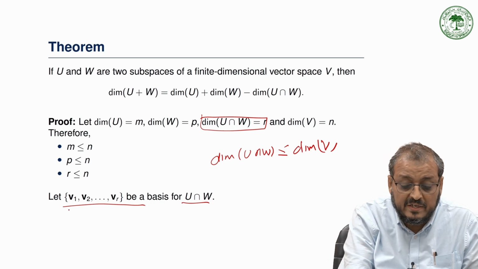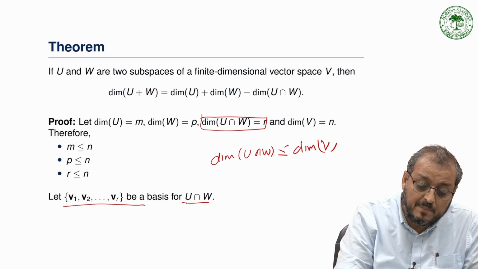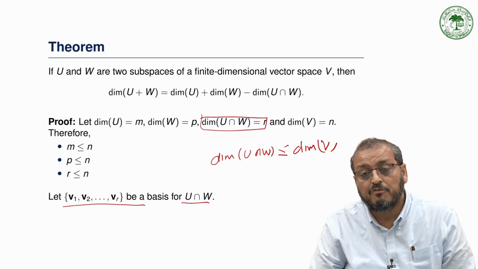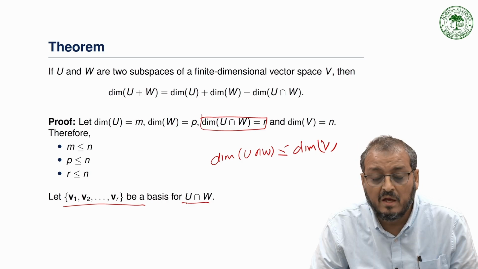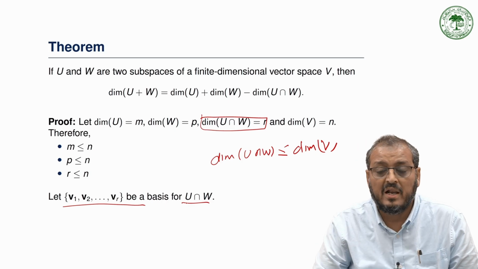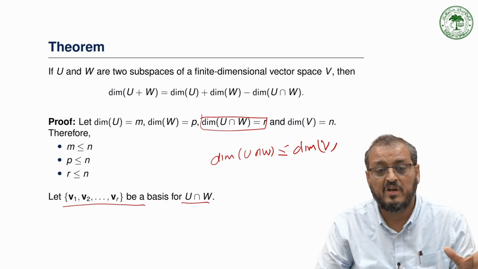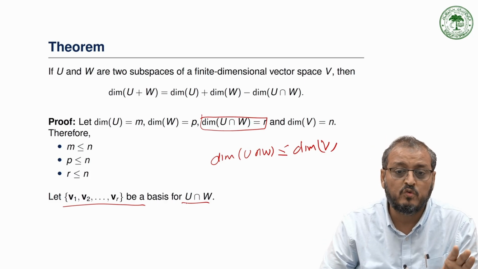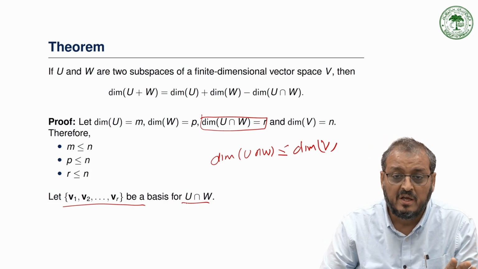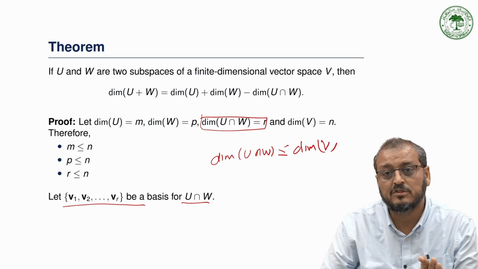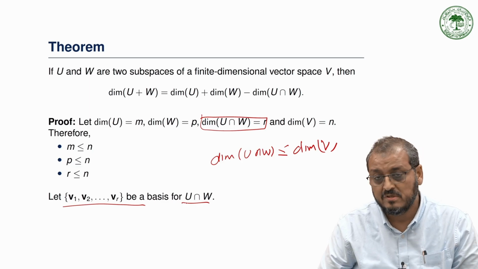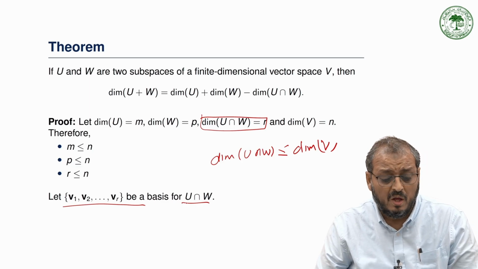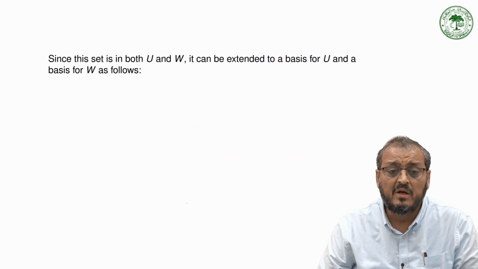So we can extend this subspace basis up to the dimension N by the last lecture's theorem. We can say that if we have V1, V2, up to Vn, a linearly independent set of vectors, we can extend it to a basis of the vector space V. So V1, V2, up to Vr is a basis.